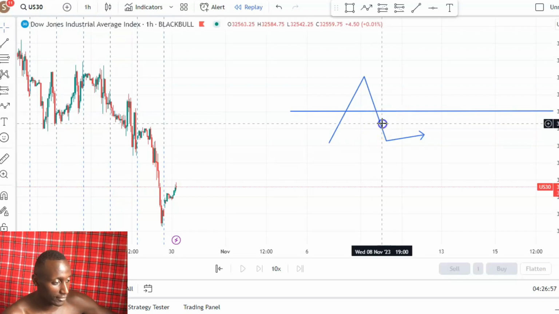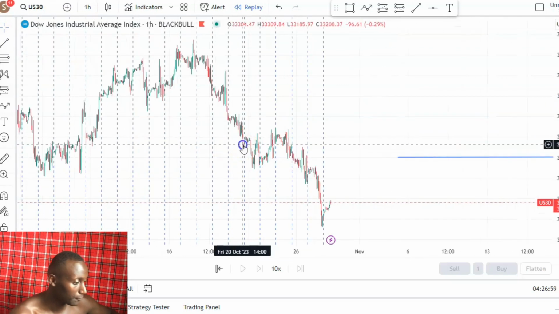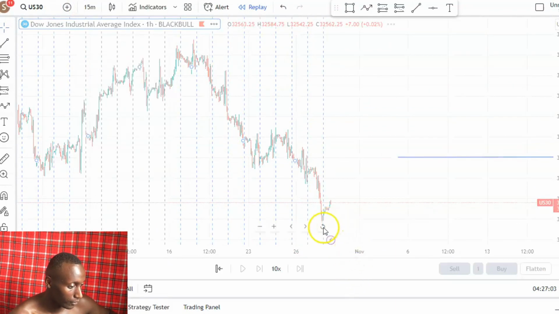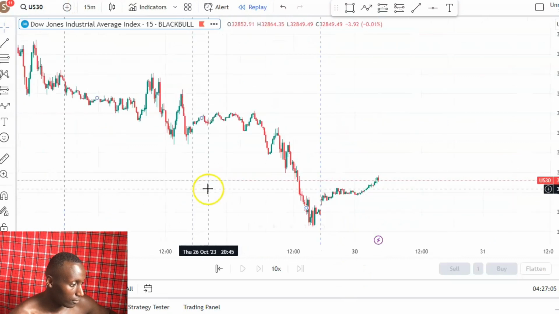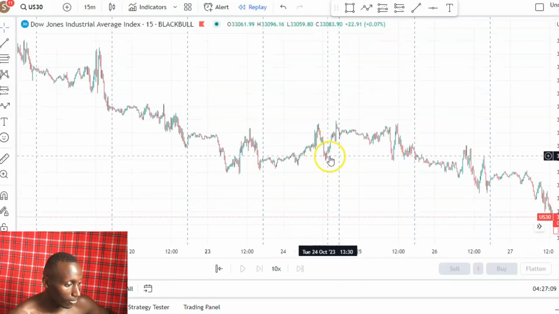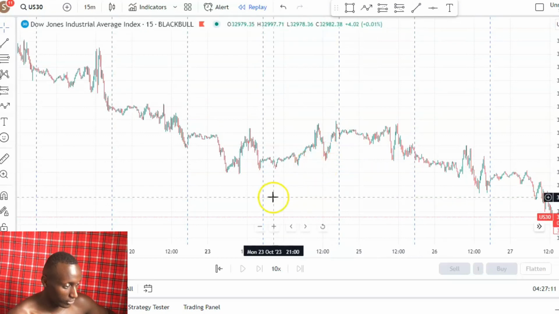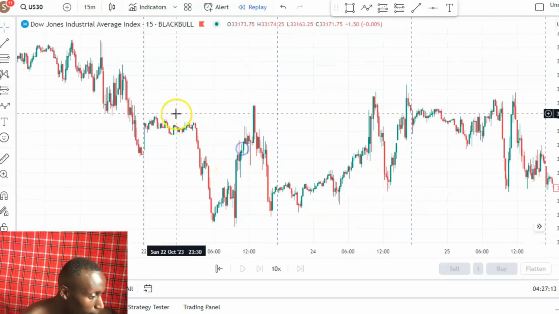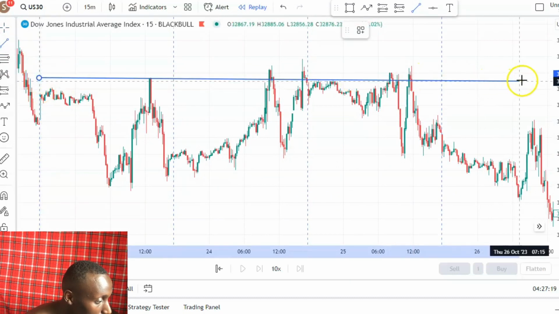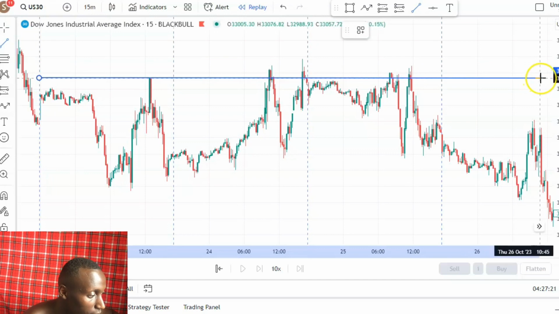Let me show you an example. So using the 15-minute time frame, let's use this example. Monday sets the high and the low of the week. So we are just focusing on the high here.